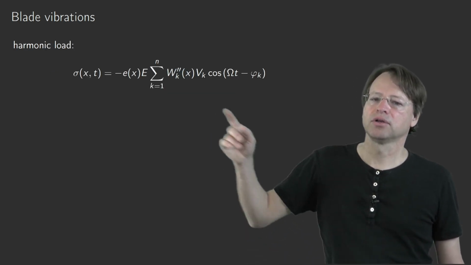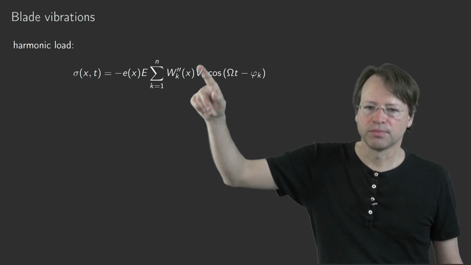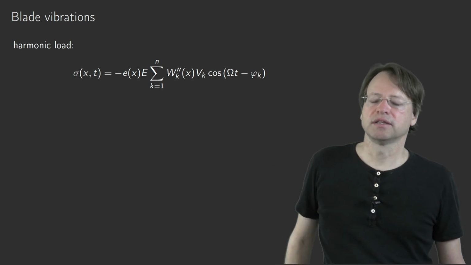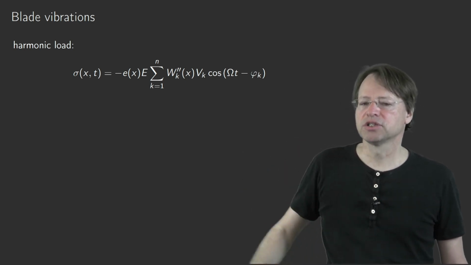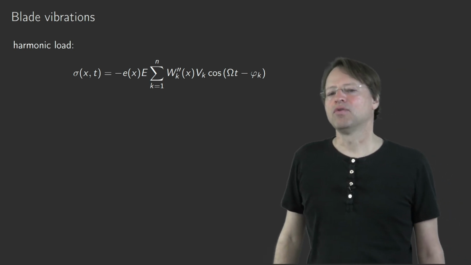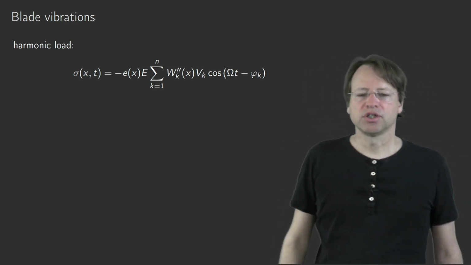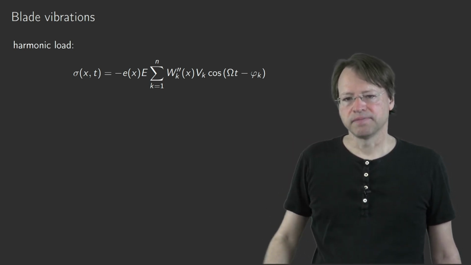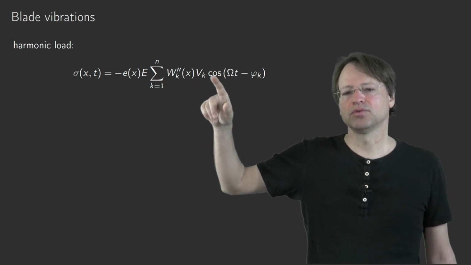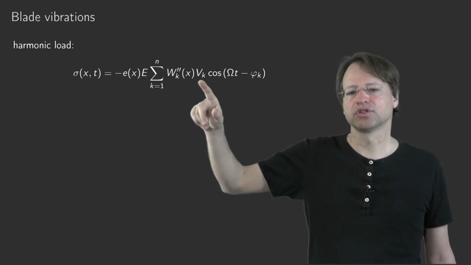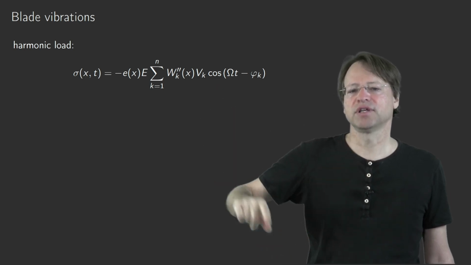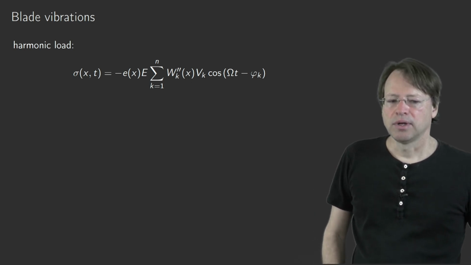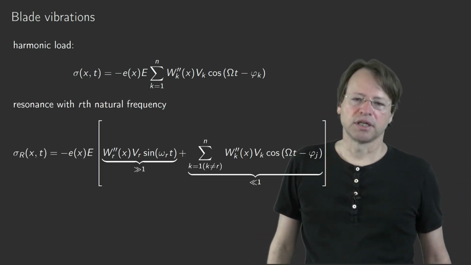Now, if we look at the harmonic load, then also we have a superposition of all the modes, because this was the setting, the ansatz for the approximate solution of our partial differential equation at the very beginning that described forced vibrations here. So we have to take all these modes into account and their contributions via the analytical solution given by a magnification factor and the phase shift. And as I said, we will look at the resonance with respect to the natural frequencies.